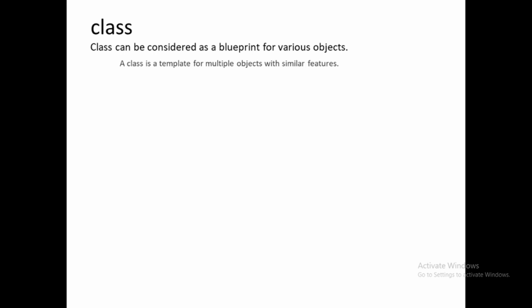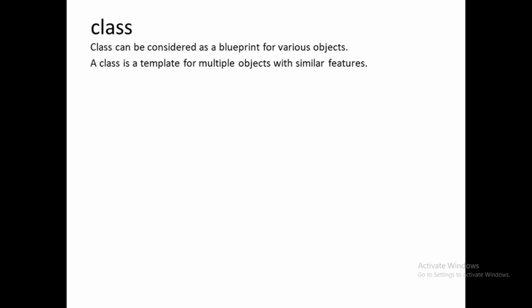So as we have understood what an object is, another thing that we have to see is class. A class can be considered as a blueprint of various objects. So it is like a format, and several objects can be related to a particular class.